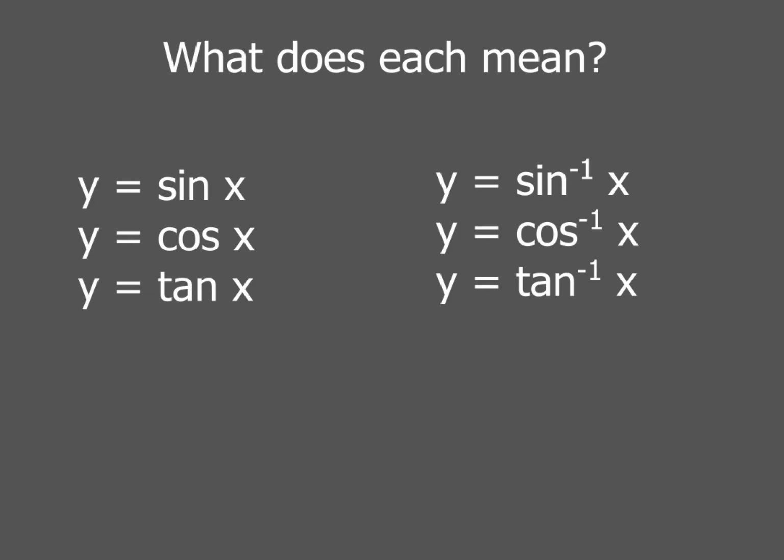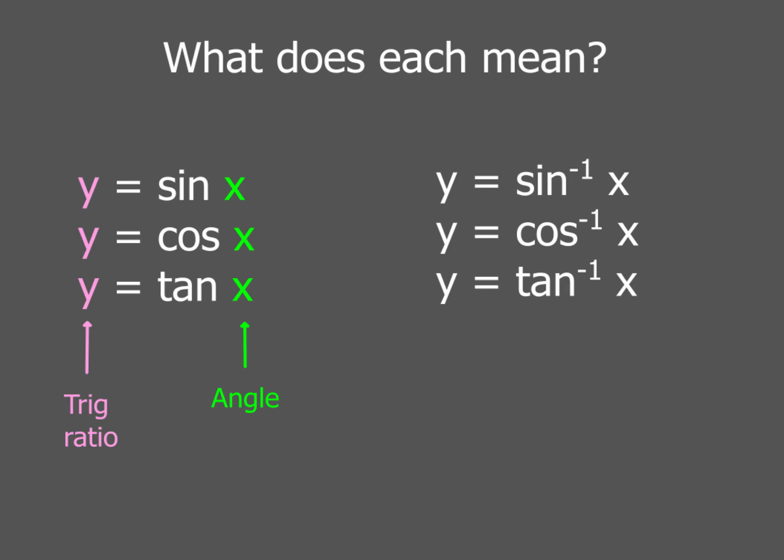Now, one of the things you want to notice is that on the right-hand side, those are the inverse trig functions for their corresponding trig function on the left-hand side. On the left-hand side, we're going to take a look at that y, and what that y is going to represent in this case is the trig ratio. Still on that left side, the x then is going to represent the angle.